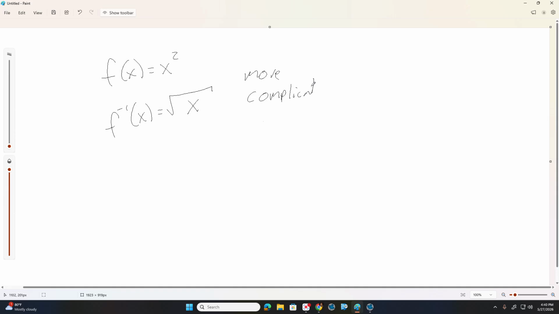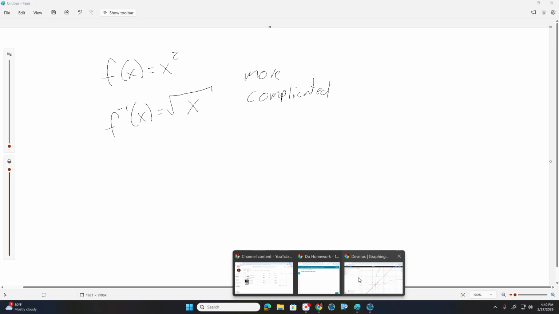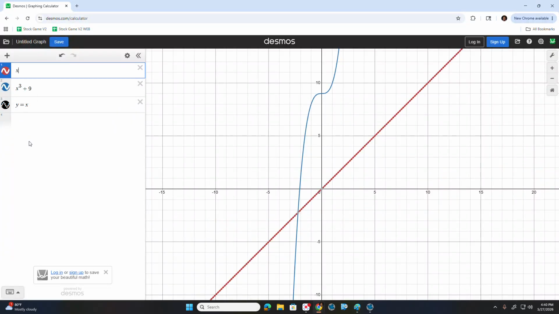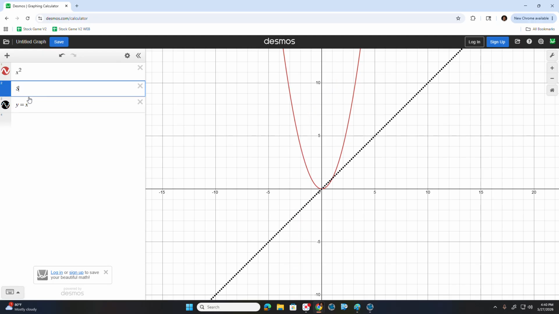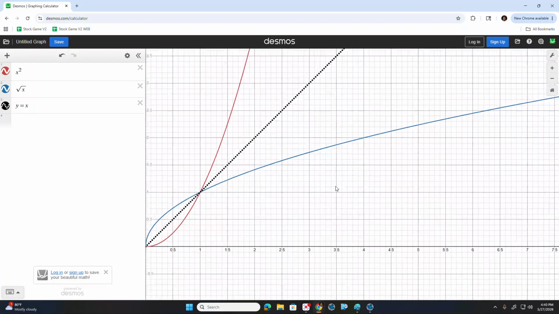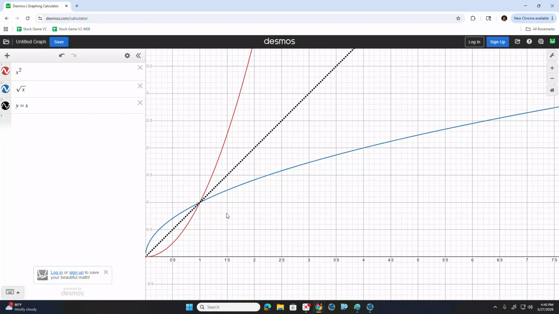And for reasons, let's go to the graph. So here's x squared. And then down here, we'll do the square root of x. Now, if we just look right here, they look pretty good. This seems like a reflection of that one.